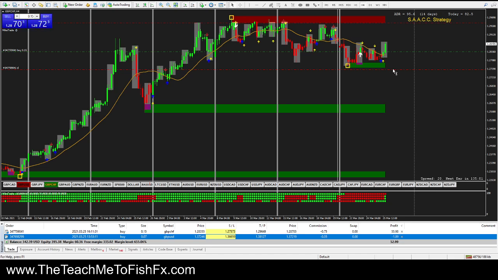Once the trade gets to 70 pips, the trailing stop will kick in, and then it will be a risk-free trade. And if we don't get a really big turnaround, the trailing stop will not get hit, and our take profit will be hit.